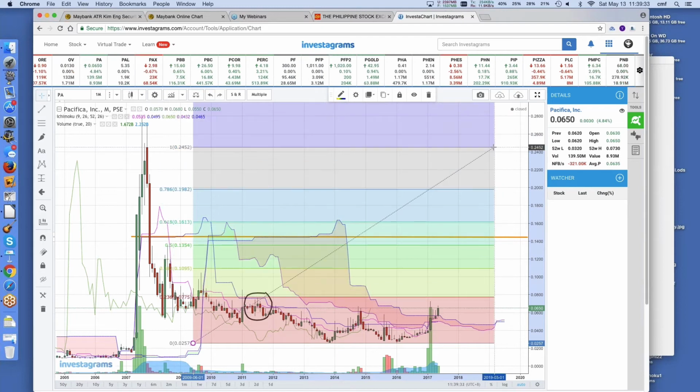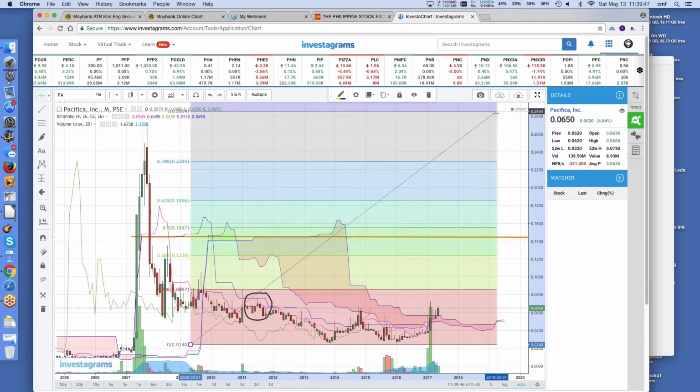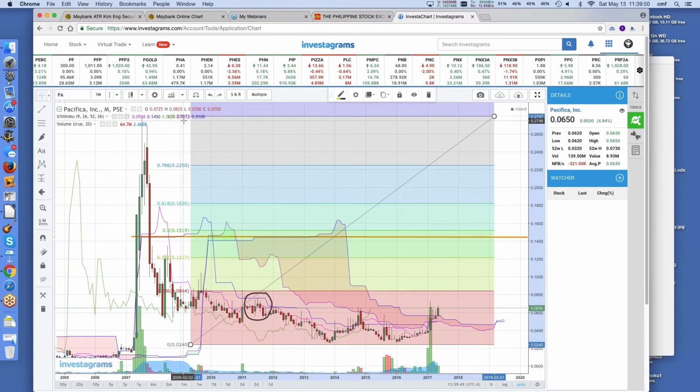Now in Fibonacci, you can plot from wick to wick or from body to body. When I say body, I mean the body of the candle. You can include that long wick here. But if you include the long wick on top, you have to include the long wick at the bottom as well. Just be consistent.